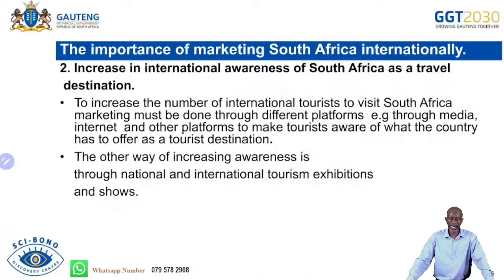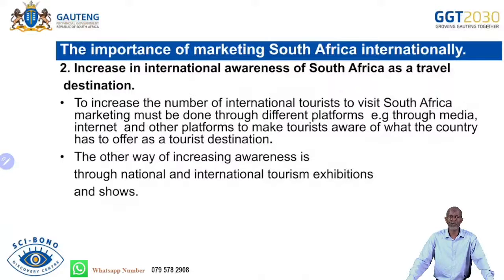Marketing has to be done through different platforms. For example, we can use the different media that are at our disposal, the internet, other platforms to make tourists aware of what the country has to offer as a tourist destination.